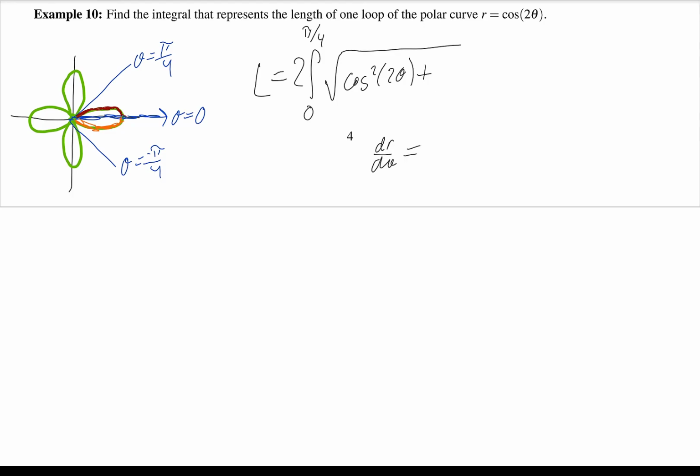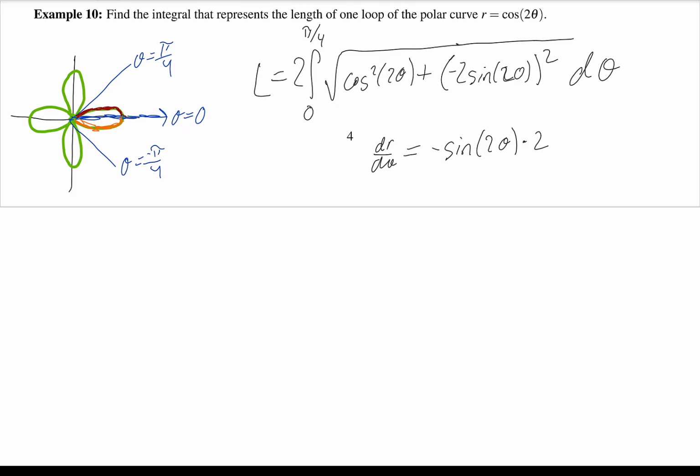This will be equal to negative sine 2 theta times 2. So this will be negative 2 sine 2 theta, squared. Okay, and that will give us, d theta, the integral that represents the length of one loop of this polar curve.